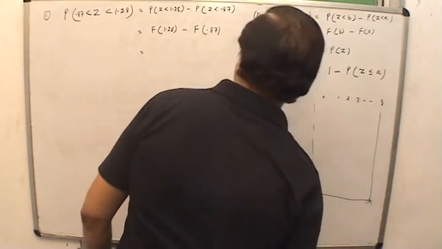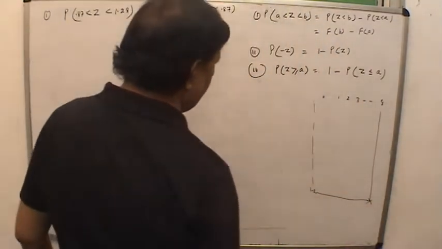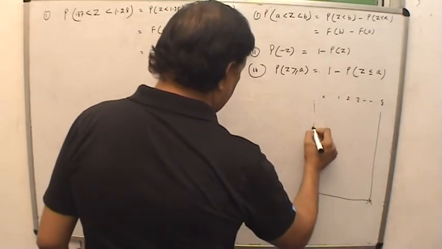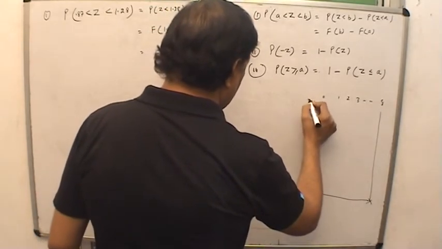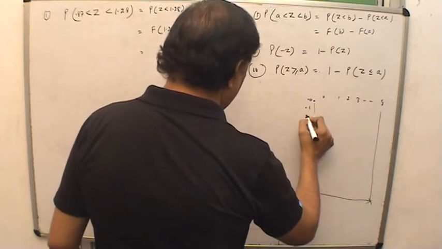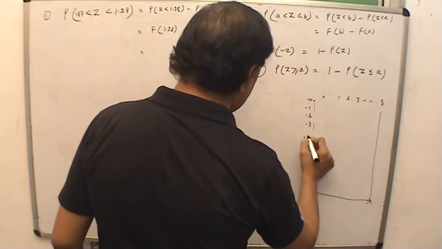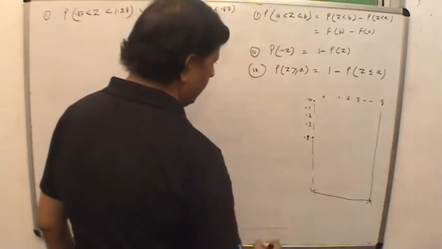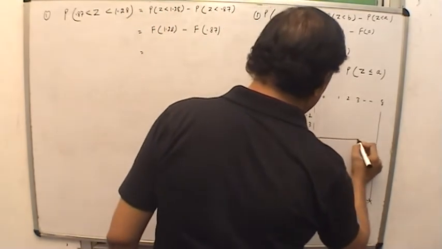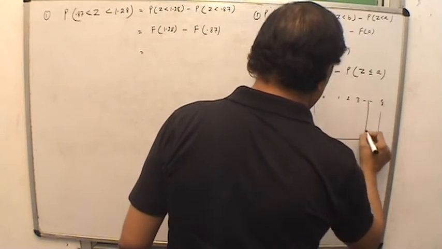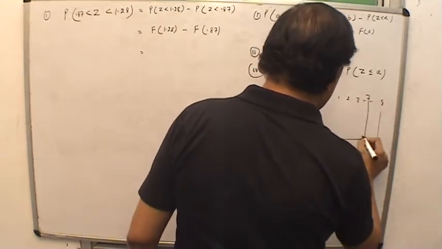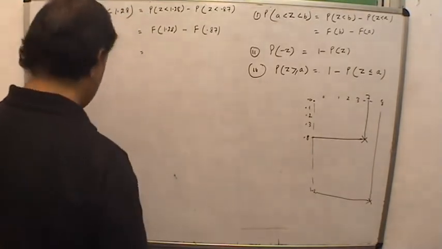Here we will get 1.28, and for 0.87 we started with 0.0, 0.1, 0.2, 0.3. Somewhere here we shall see it is 0.8, and if we move towards the right, below 7 we shall get the value for 0.87.